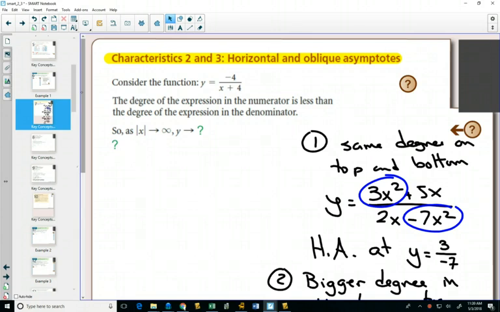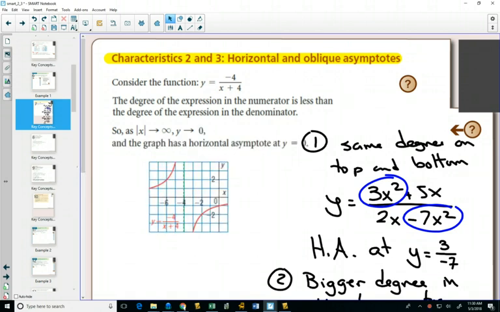So we would be able to look at this right away and say there's going to be a horizontal asymptote at y equals 0. The textbook goes into a much more mathematical explanation of what happens when x gets really, really big. Well, when x gets really, really big, you're dividing by a really, really big number, and that means it's going to get close to 0.